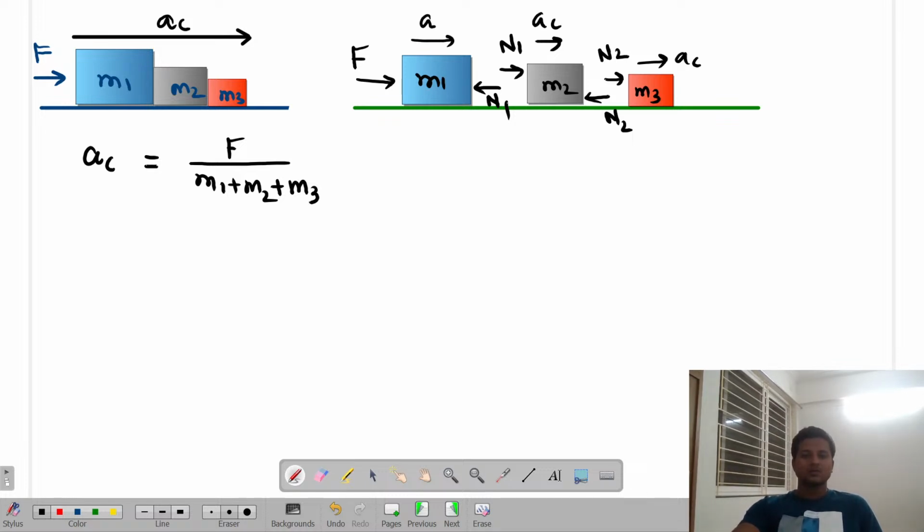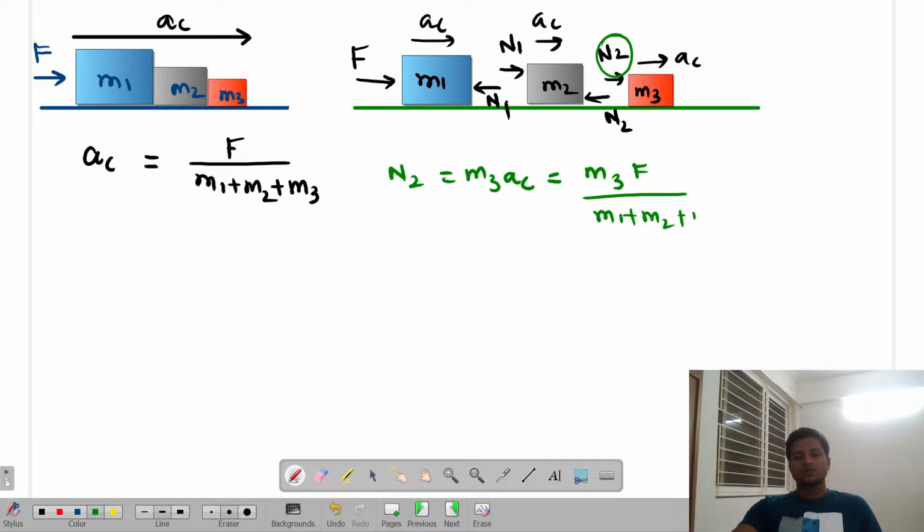Yes. So what is the equation for N2? N2 means mass M3 into its common acceleration AC. What will the equation be? M3 into common acceleration AC is how much? M3 F by M1 plus M2 plus M3. Are you able to get me or not? Yes. Similarly, for M2, what will be the equation? N1 minus the opposing force N2 for M2.